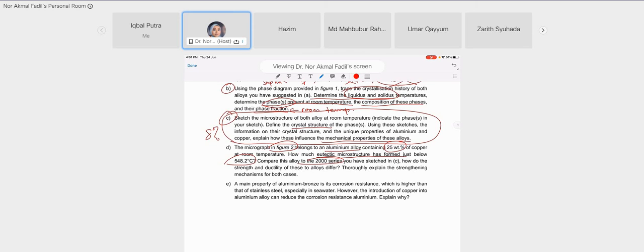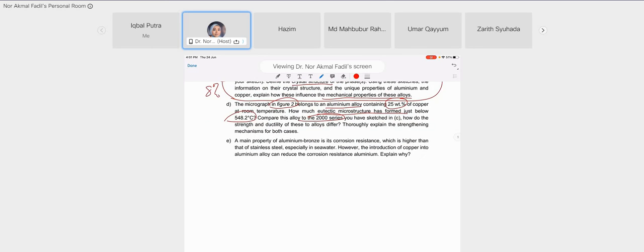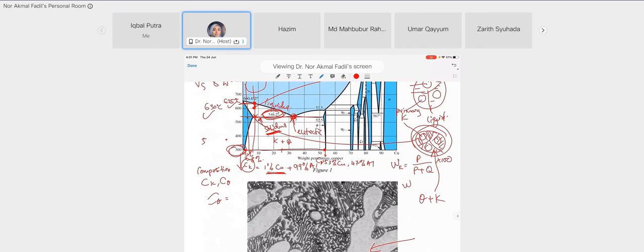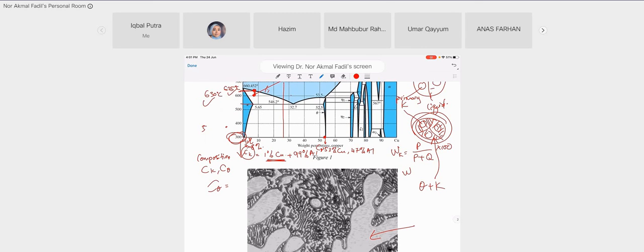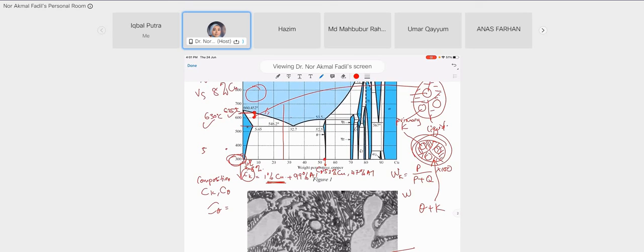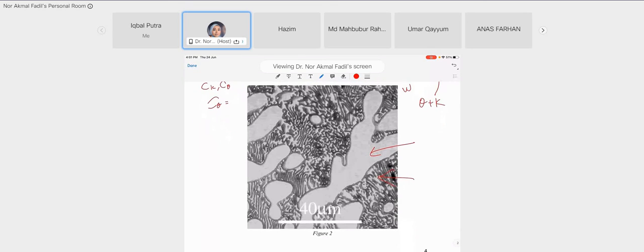Okay, the microstructure of figure 2 is 25%. Where's 25%? Somewhere here. This is the 25% alloy. If you calculate the percentage of phases, you need to do the following.